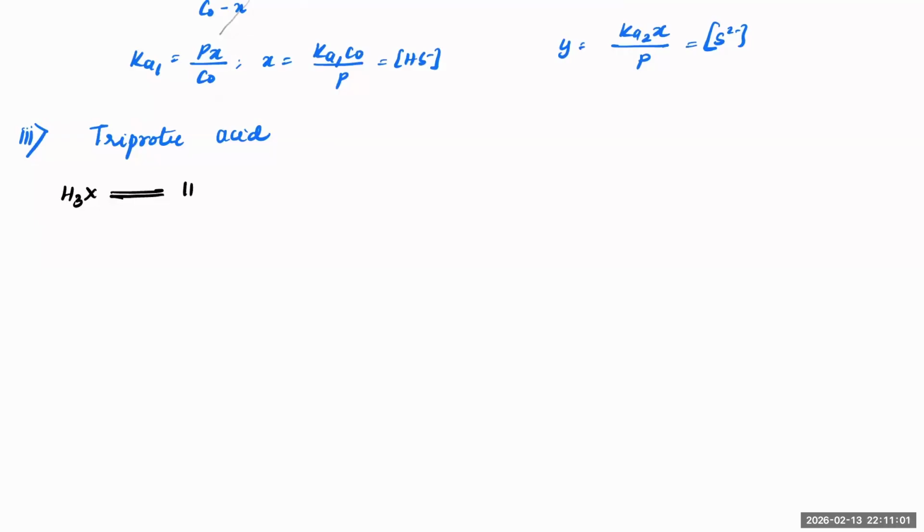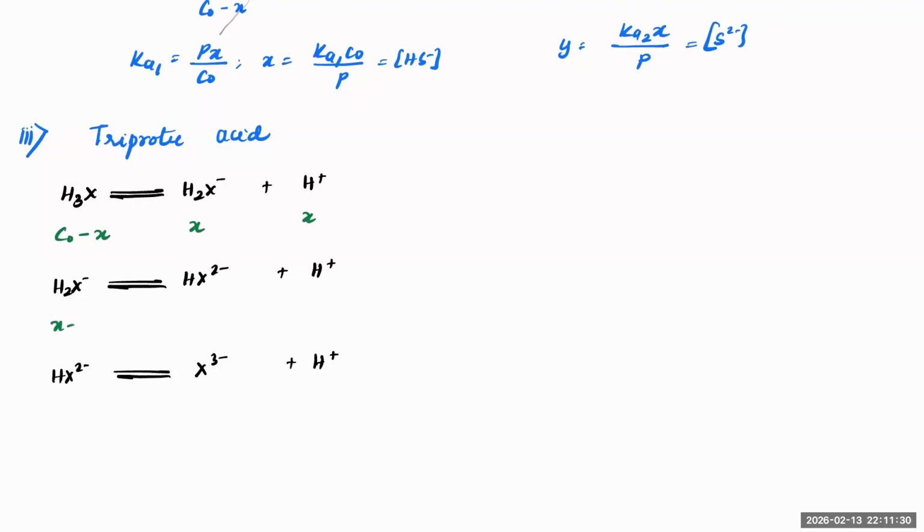It is dissociating as H2X minus plus H plus, and H2X minus is ionizing as HX2 minus plus H plus, and HX2 minus is ionizing as X3 minus plus H plus. Now here you can see C naught minus x, x, x, and x minus y, y, y, and y minus z, z, z. First write this.